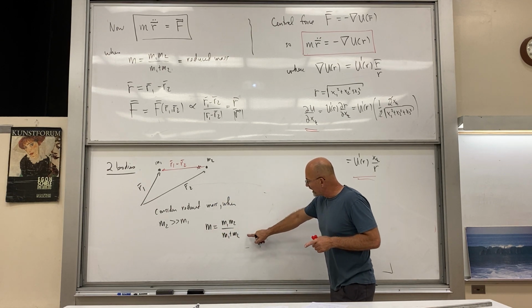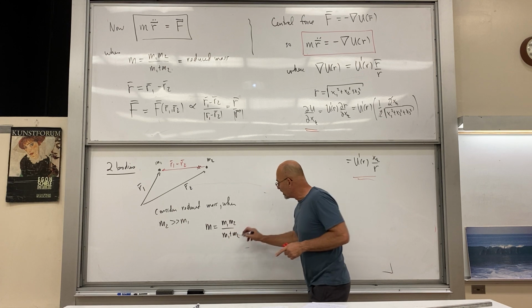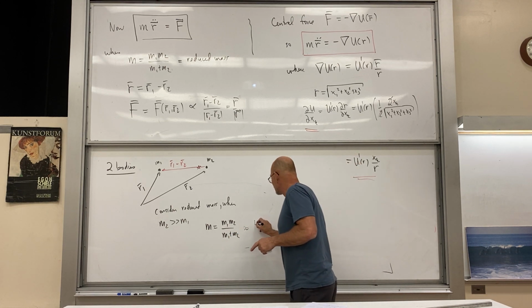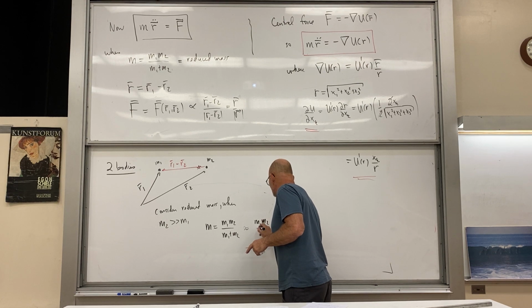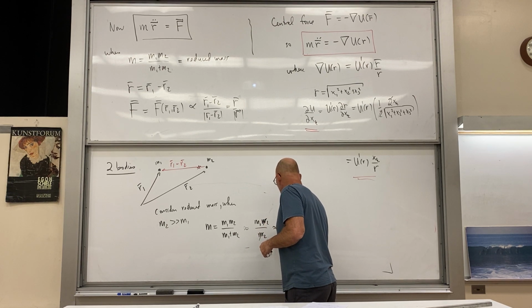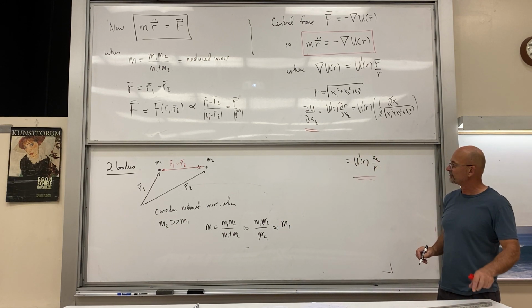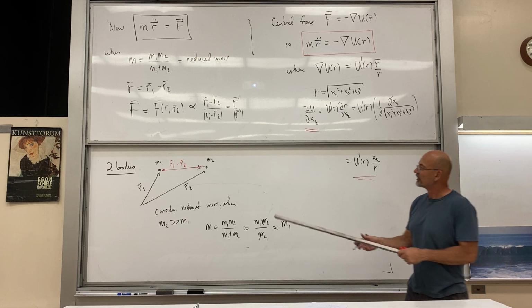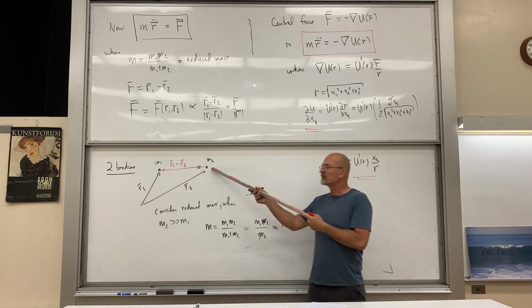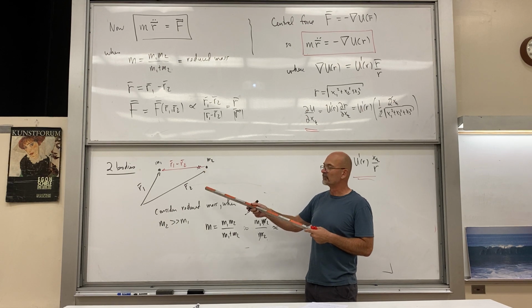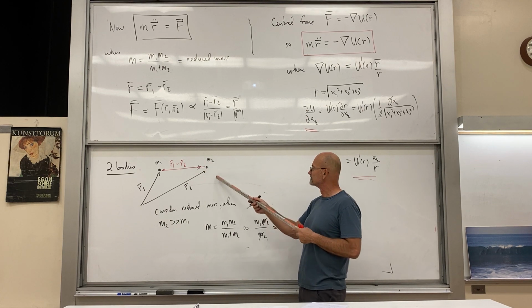M2 is much greater, so the M1 in the denominator is negligible. So it's approximately M1 M2 over M2. They cancel. So the reduced mass is approximately equal to M1. This could be our Earth orbiting the sun, and the center of mass would be very close to the sun, or perhaps even inside the sun.